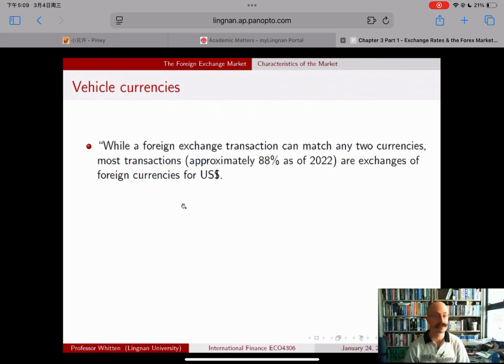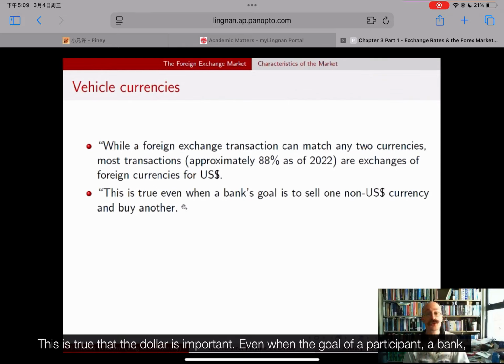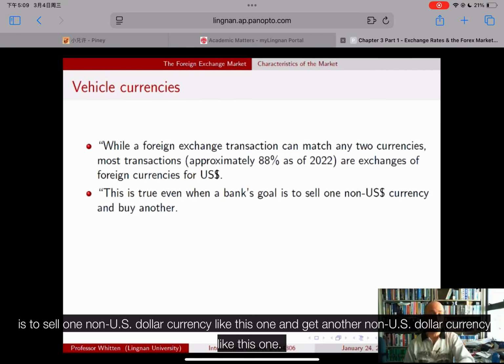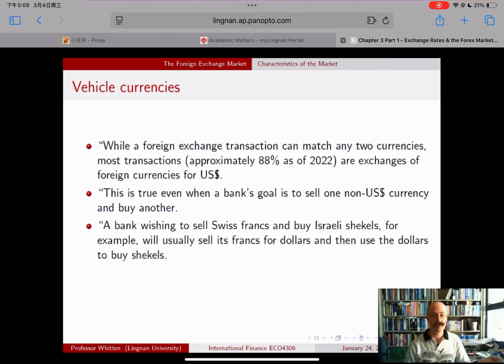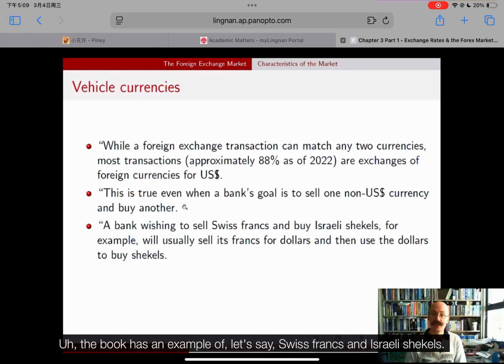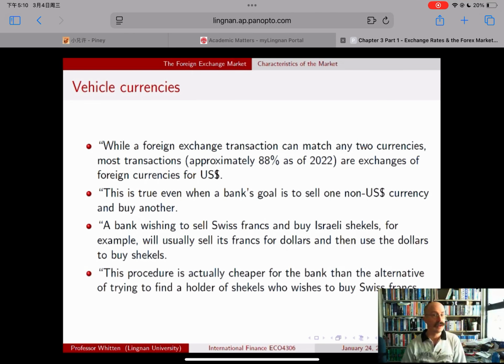This is true that the dollar is important even when the goal of a participant, a bank, is to sell one non-US dollar currency, like this one, and get another non-US dollar currency, like this one. The book has an example of, let's say, Swiss francs and Israeli shekels.